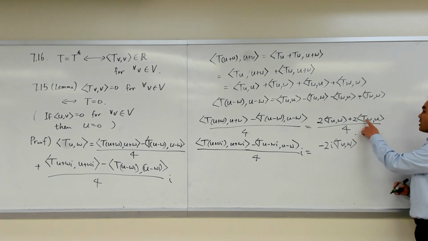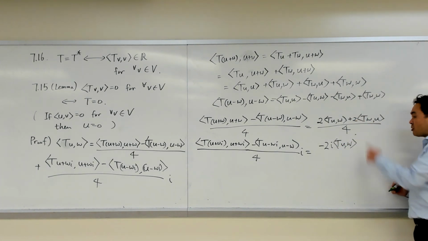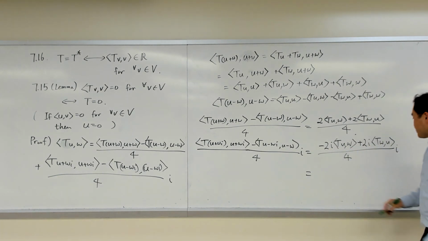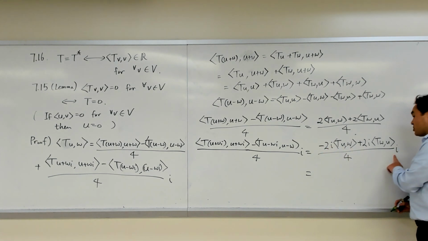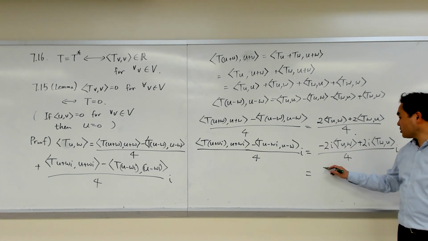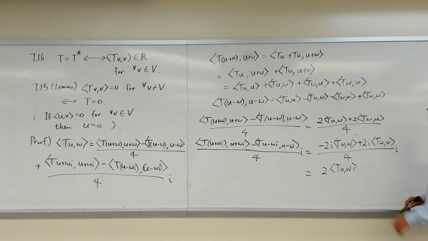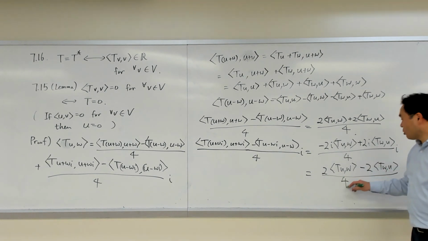But this time i is in the first argument, so it comes out without conjugate. Negative i times i is positive 1, so you have 2<Tu, w>. Then i times i is i squared, which is negative 1, so it's negative 2<Tw, u> over 4.